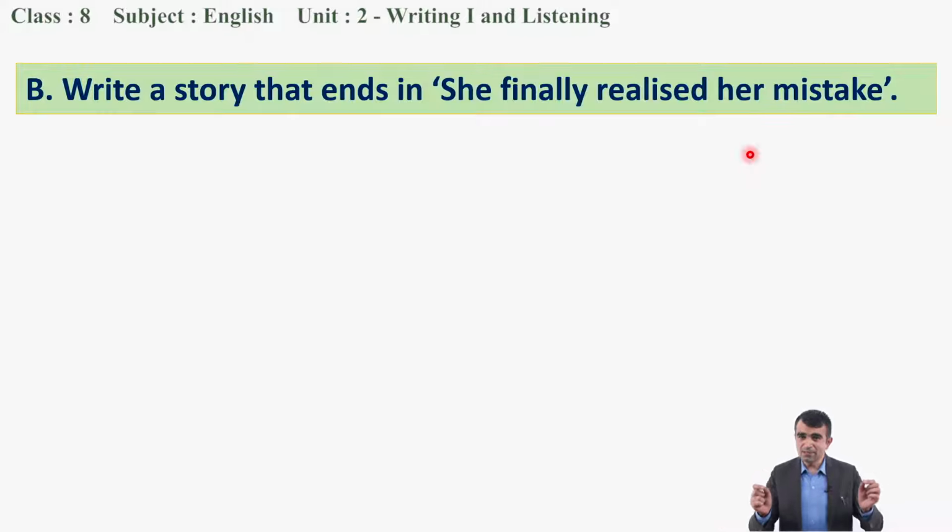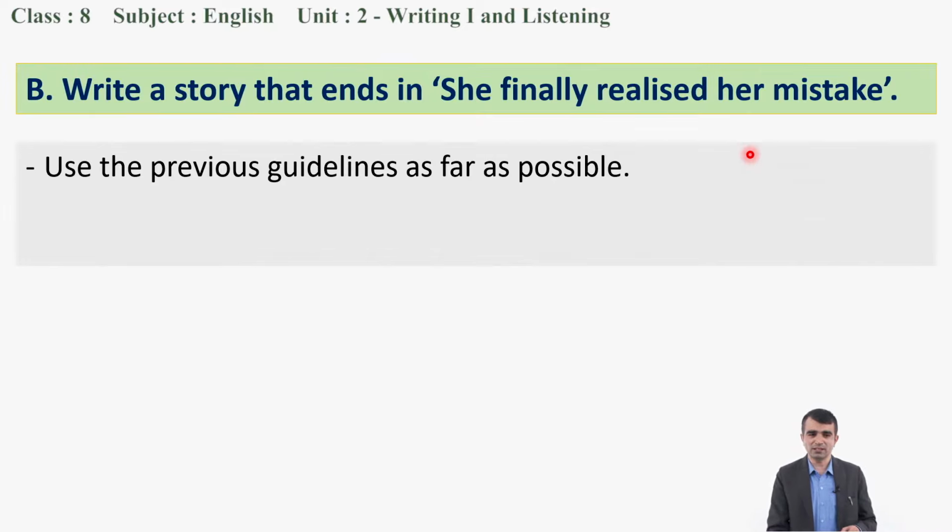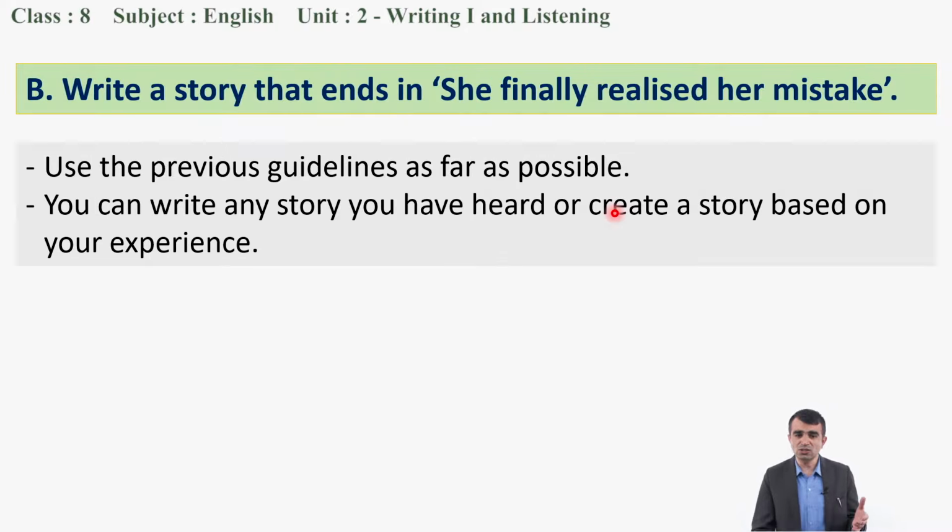Okay. If there is a story you have heard, you can write the same. Okay, see here. When you write, use the previous guidelines as far as possible. And next, you can write any story you have heard or create a story based on your experience. Well, you might have some person in your life who made a mistake in her life and later she realized.